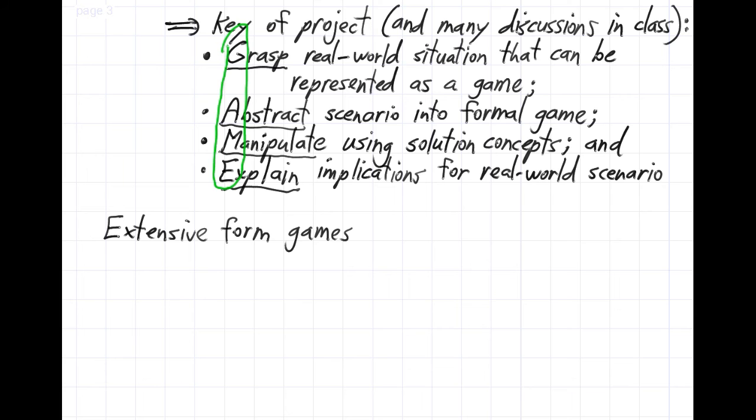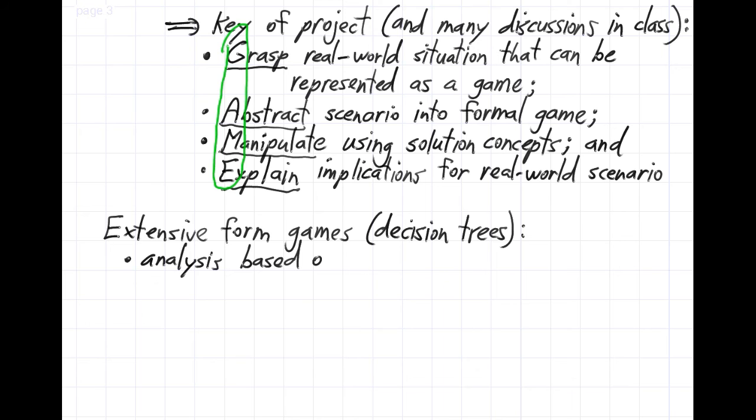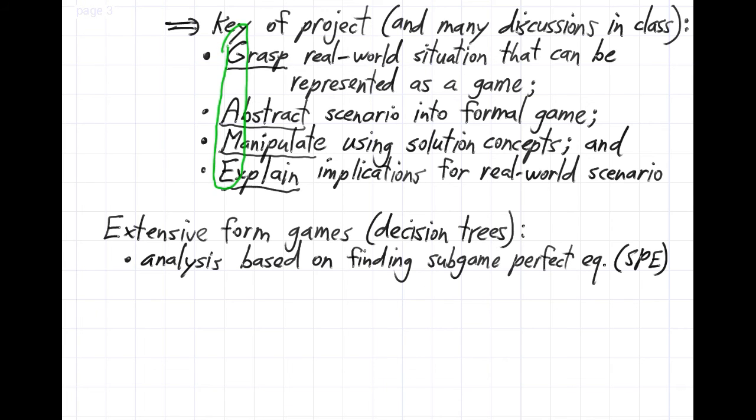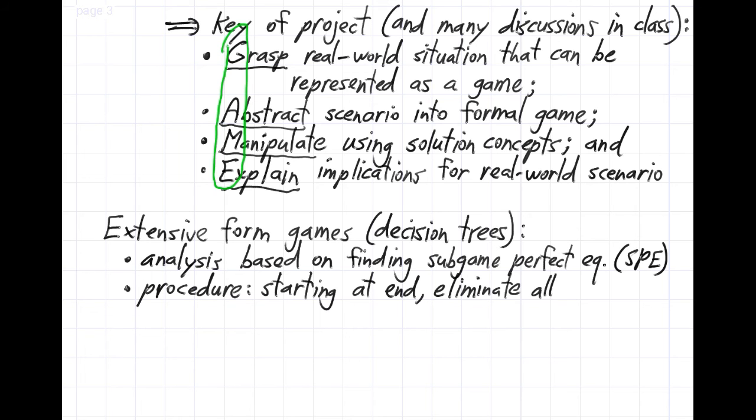which we also call decision trees. So we analyze extensive form games by using the solution concept of finding the subgame perfect equilibria. Again, let's shorten that to SPE. And how do we do that? We use a technique called backwards induction. And that means we start at the end and we eliminate all the branches that are based on irrational decisions.